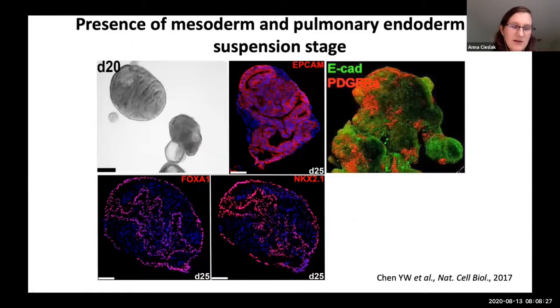In terms of characterization, LBOs are characterized by the presence of pulmonary lung field and endoderm, marked by NKX2.1 and FOXA1 respectively, and some mesodermal component that is represented by PDGFR alpha in this system by immunofluorescence staining.